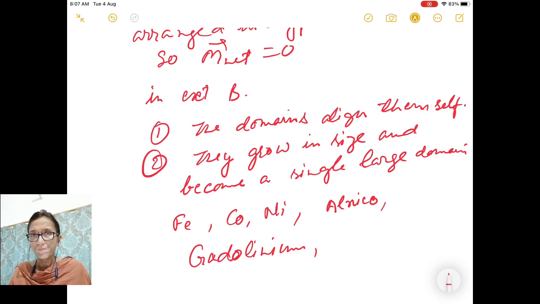Or you have natural magnet or lodestone. So all these are examples of ferromagnetic material.